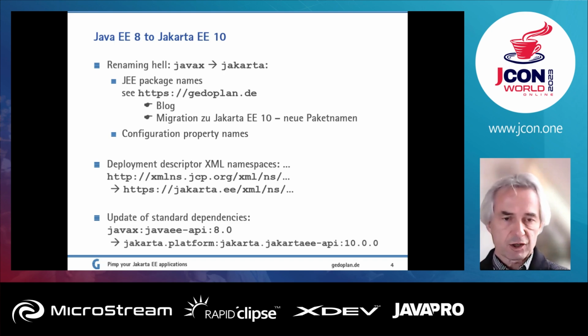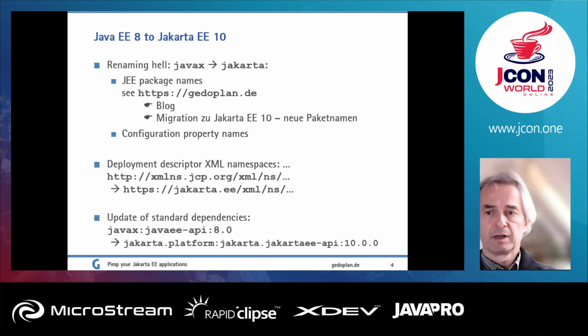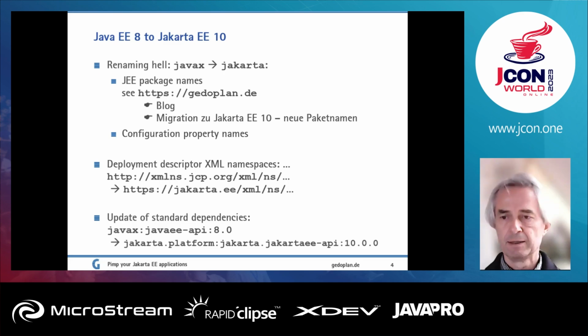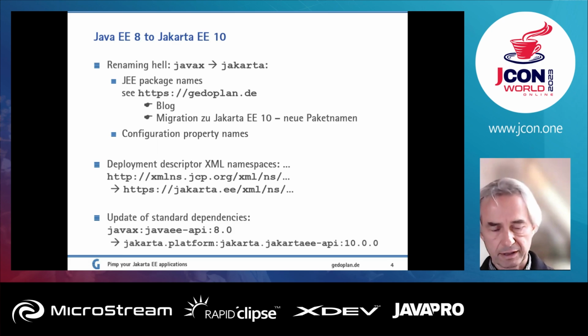So all the package names that belong to the EE platform had to be renamed. The old package names, javax.persistence for instance, have to be renamed into jakarta.persistence, and that holds true for all the EE packages.